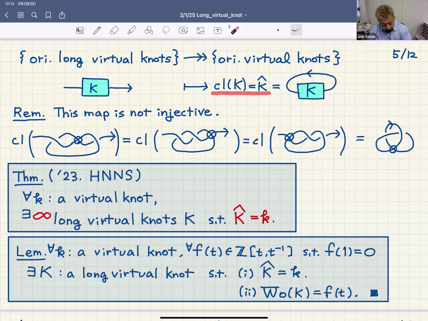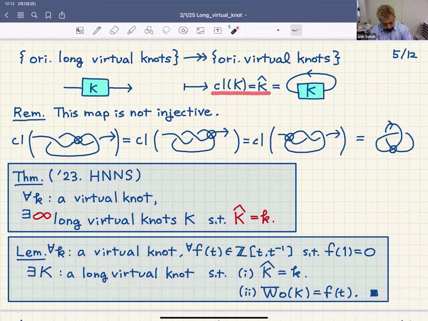For any virtual knot K, there are infinitely many long virtual knots whose closure is the given knot K. In other words, the preimage of any virtual knot by this closing map is infinite. Okay, this theorem is obtained from the following lemma immediately.